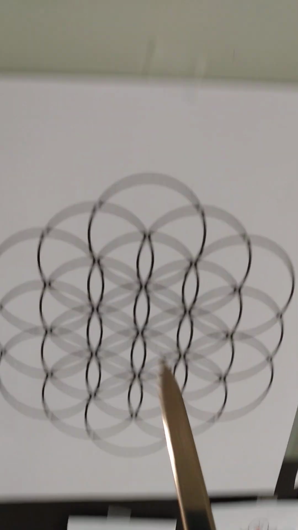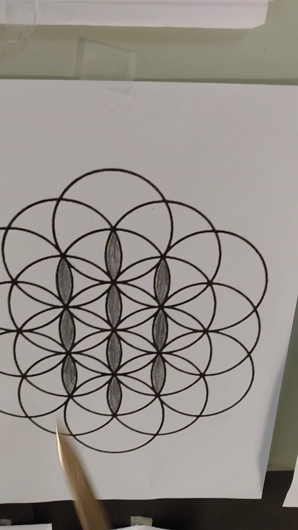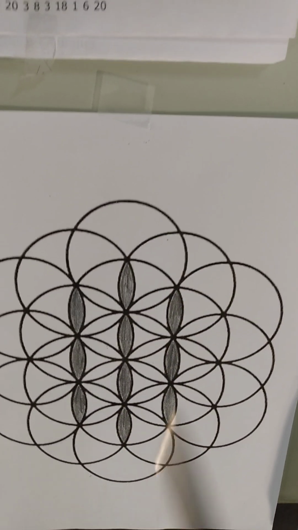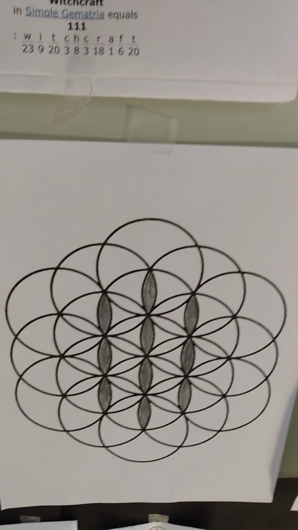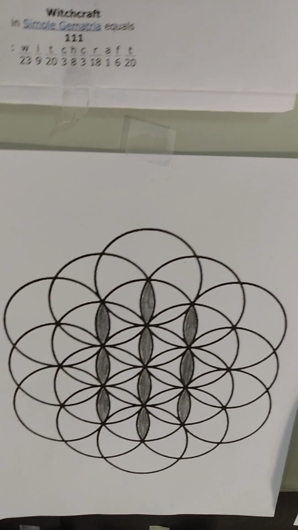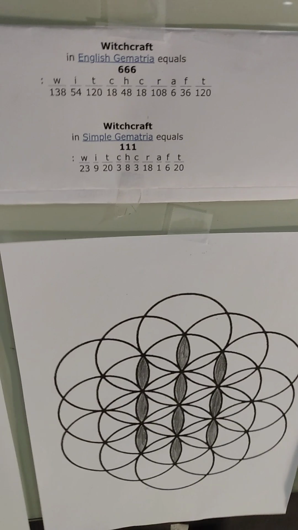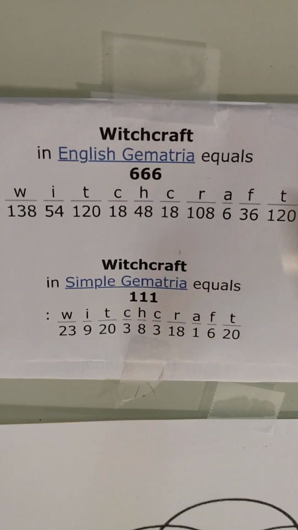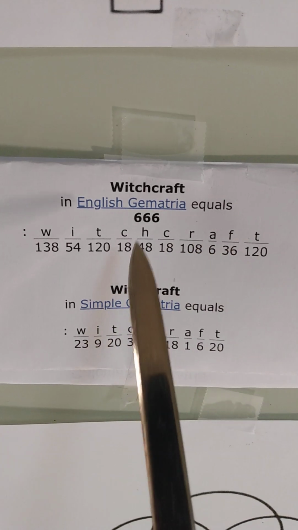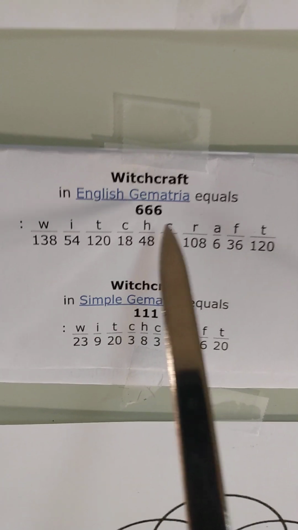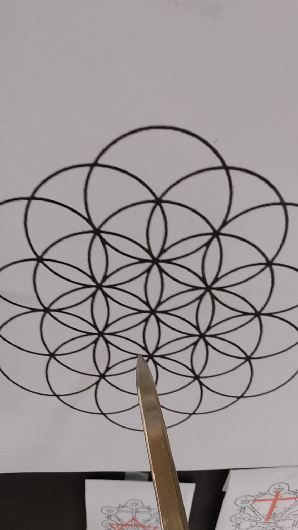Now, if you squint your eyes really hard, you are going to see the 111. And lo and behold, as I said earlier, they are doing word, verbal, geometry, Sudoku, because the word witchcraft in English gematria equals 666, which would bring us over here.